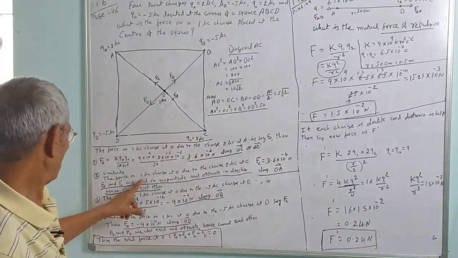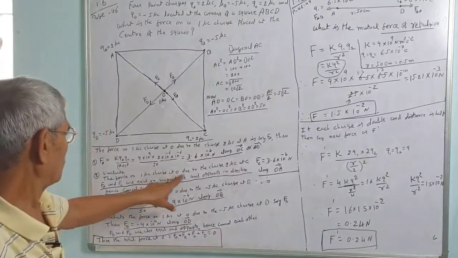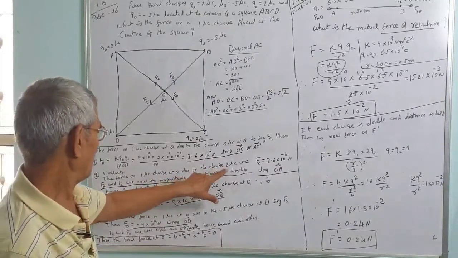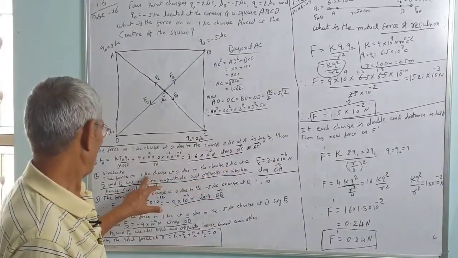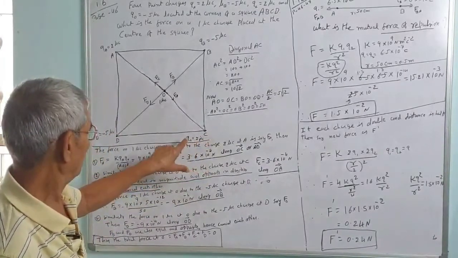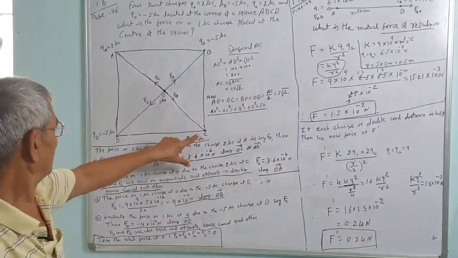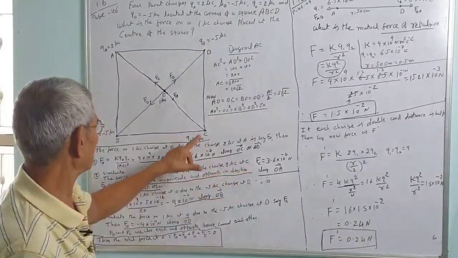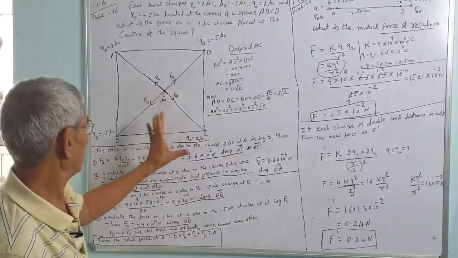Similarly, the force on the 1 microcoulomb charge at O due to the 2 microcoulomb charge placed at C, say FC, is also the same, since both charges are of the same magnitude.